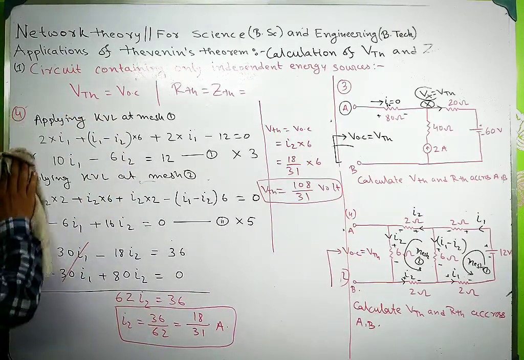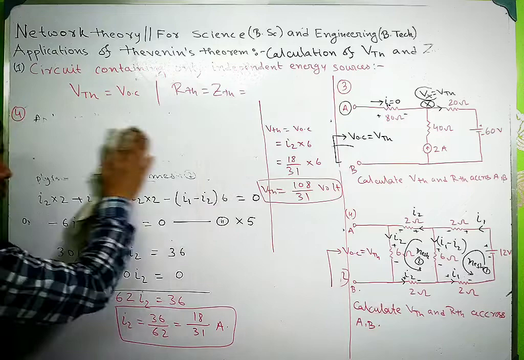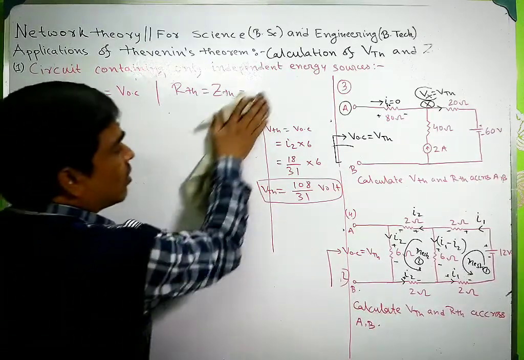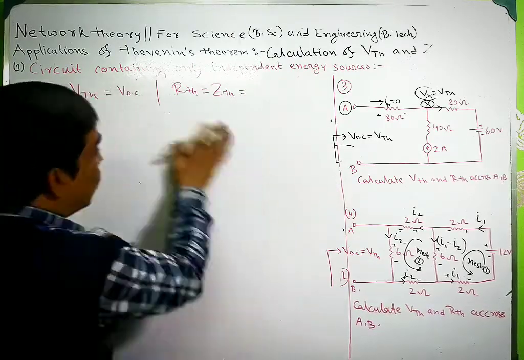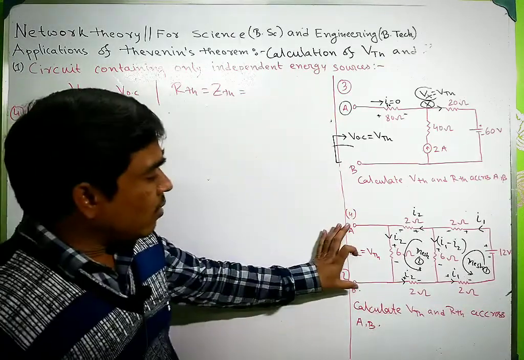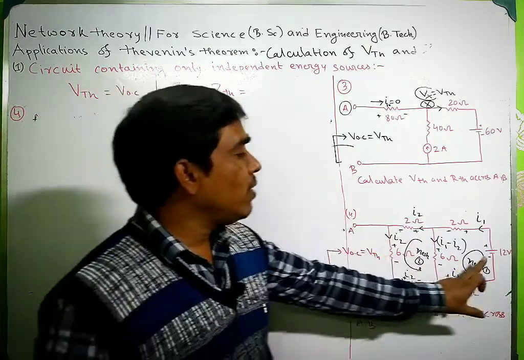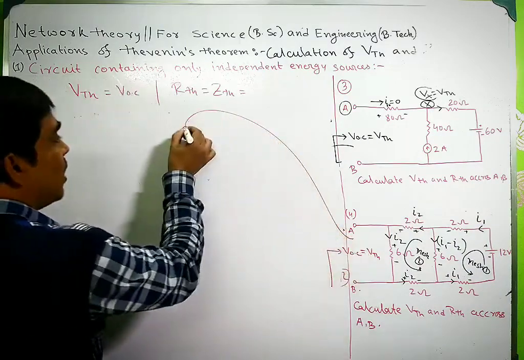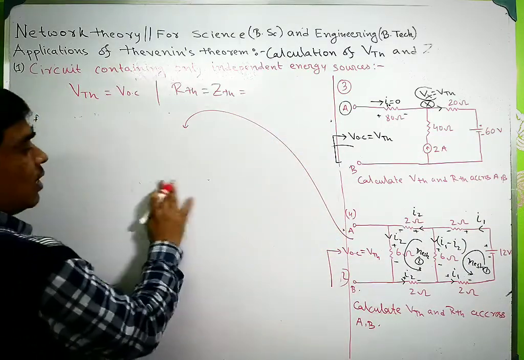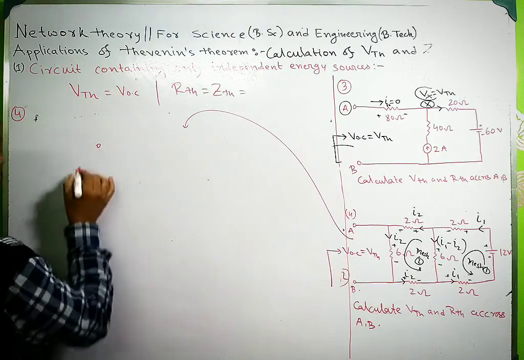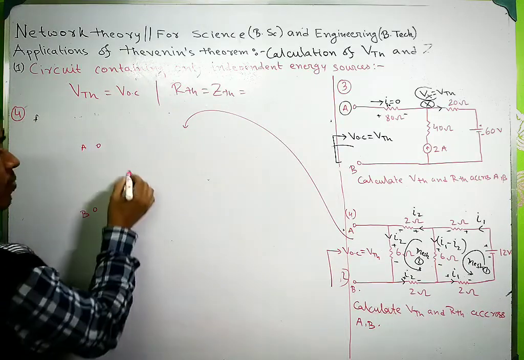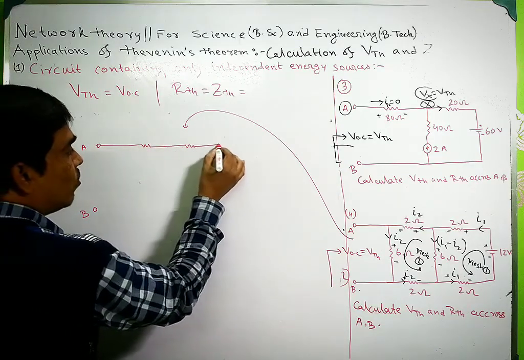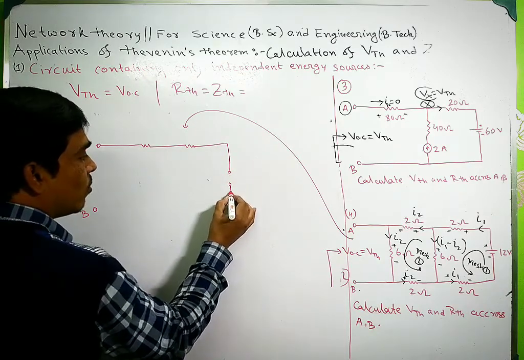Now you have to calculate the RTH. So how to calculate RTH? It is the equivalent resistance seen across this terminal by replacing the voltage source with its internal impedance. So this circuit can be arranged in this way. This is A, this is B, this is 2, this is 2, and this is the voltage source.